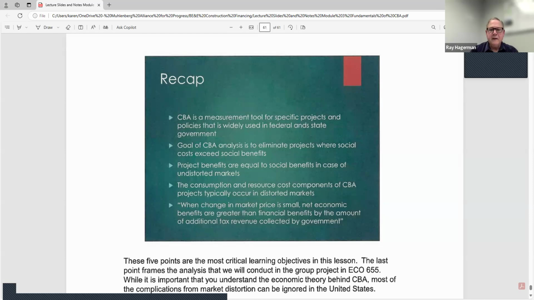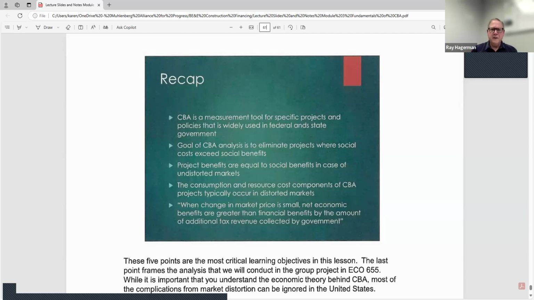The goal of CBA analysis is to eliminate projects where social costs exceed social benefits, right? Hey, it's great if you've got a company that's going to come into your community and create a bunch of jobs. But if they're a terrible polluter, if they're going to be noisy, if your community is going to lose residents because they're particularly smelly, or any of those things, you may not want them.